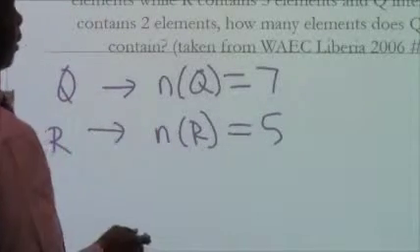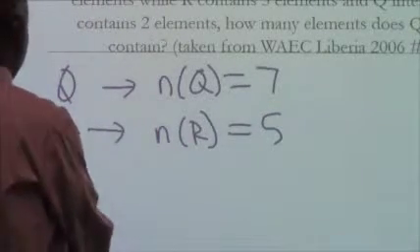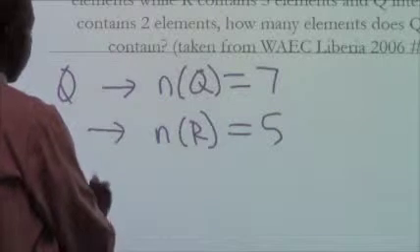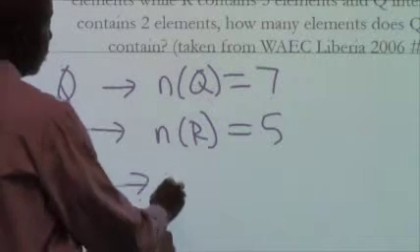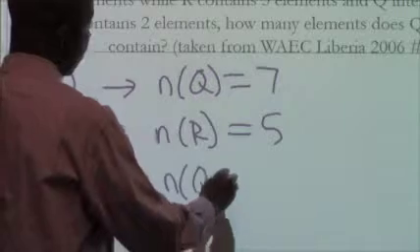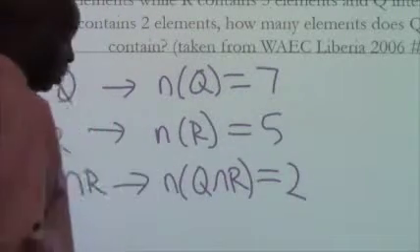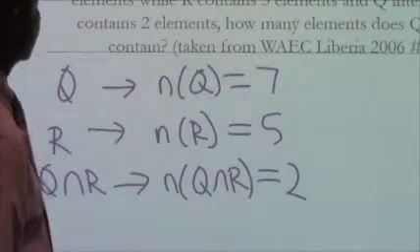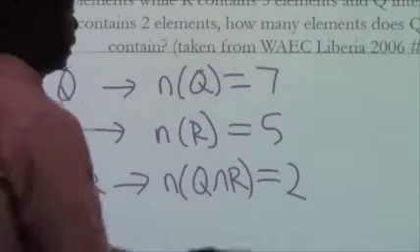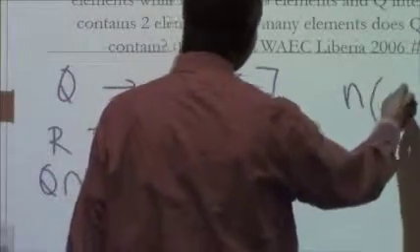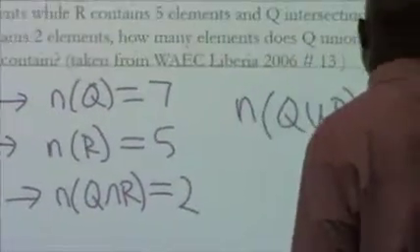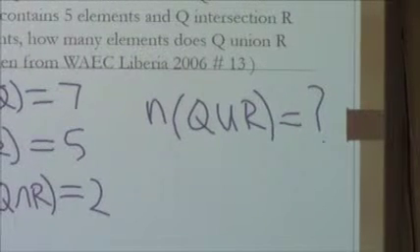We are told that Q intersect R contains 2, so the number of elements in Q and R is equal to 2. What we want to find is the number of elements in Q union R. We can do this two ways.